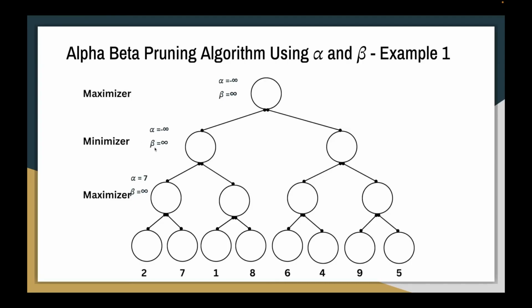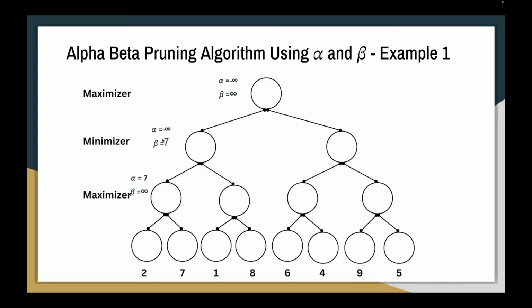The minimizer will change only the beta value. Comparing beta, which is infinity, with 7, 7 is the minimum, so the beta value will be changed to 7.